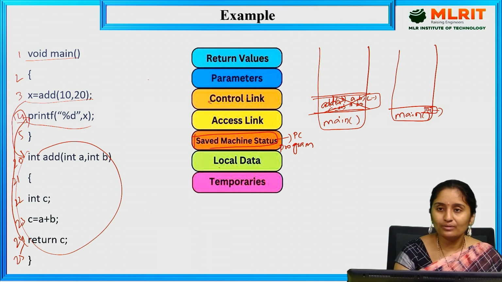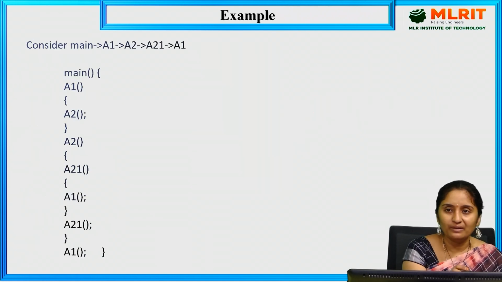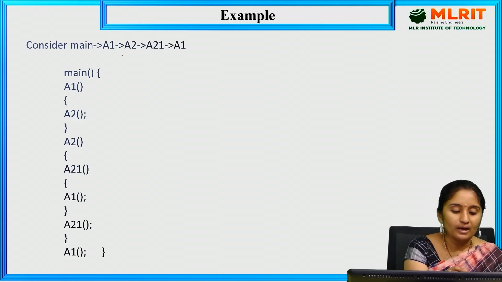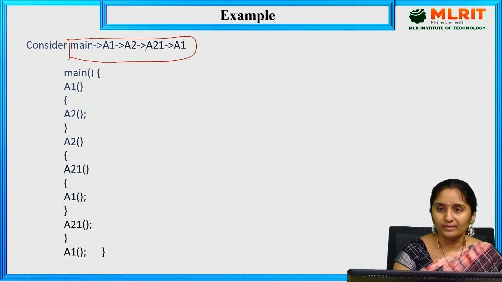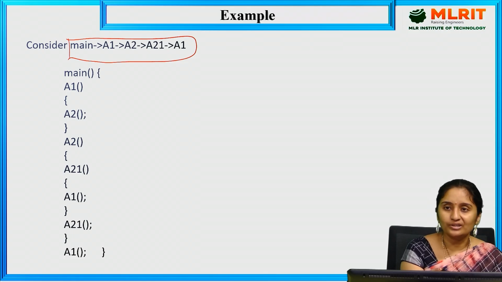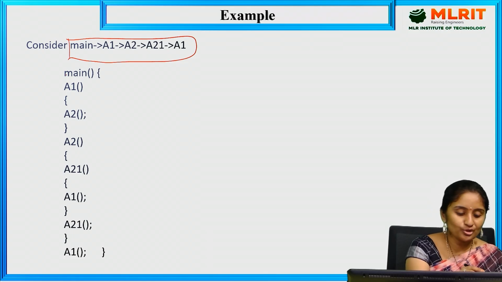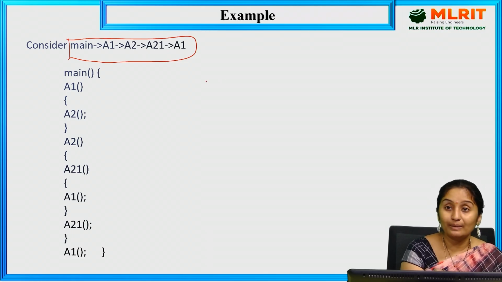Let us look at an example for control link and access link. Consider a chain of functions: main, A1, A2, A21, A1. This is the chain of functions I'm taking, and this is its execution. How will these be stored in the access link and control link?